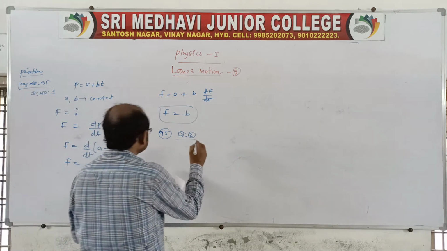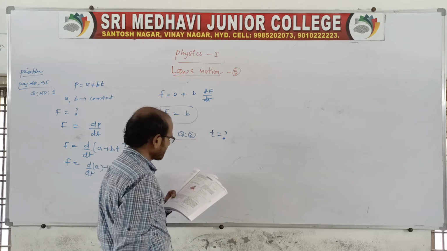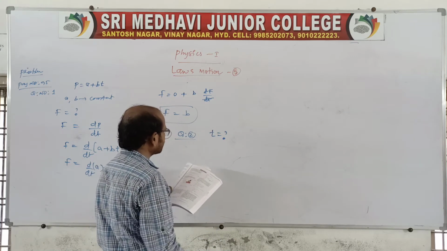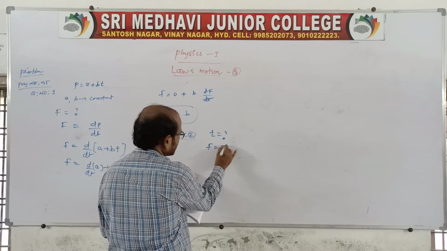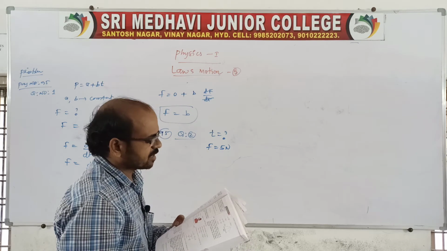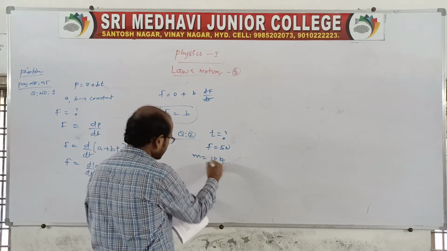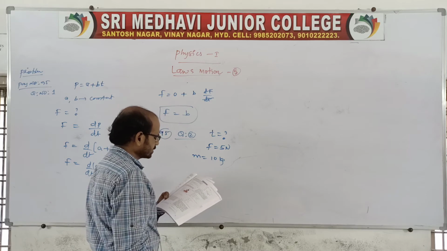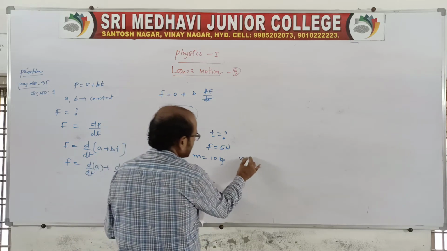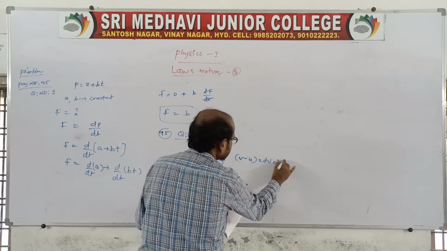A net force of 5 Newton is acting on a body, the mass is given as 10 kg, and the change in velocity, v minus u or dv, is given as 2 meter per second.